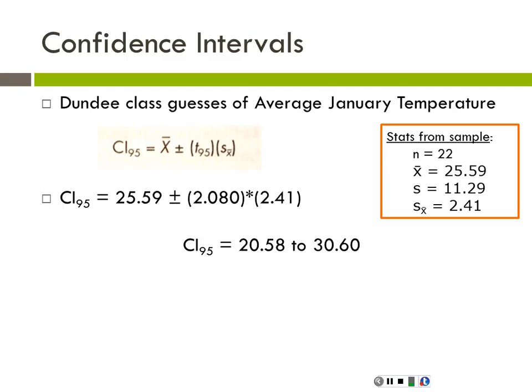Does that make sense? So it's basically saying we know there's error in our sample, we know that we get some random variability, and instead of saying, I think it's this one value, 25.59, you're saying, I am 95% sure that the value falls between these two things. And the reason why we said we are confident is because the mean does fall within it. In fact, the reason you're confident is because you've used that 0.05 alpha level to establish a 95% confidence interval.